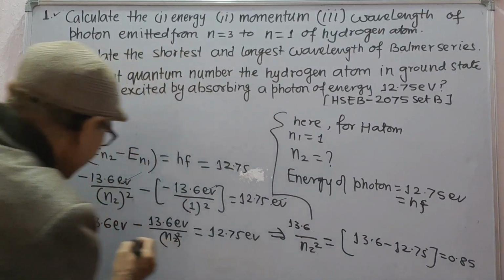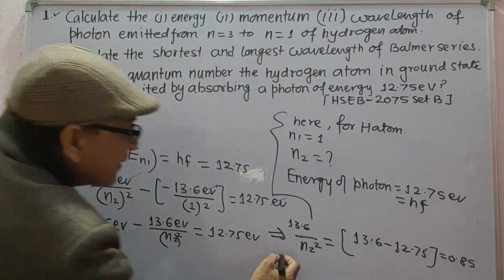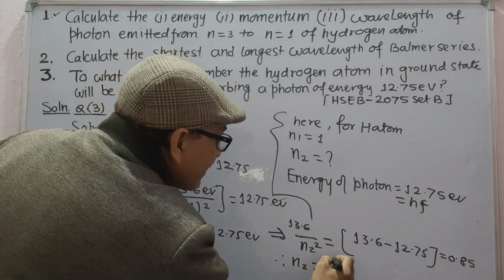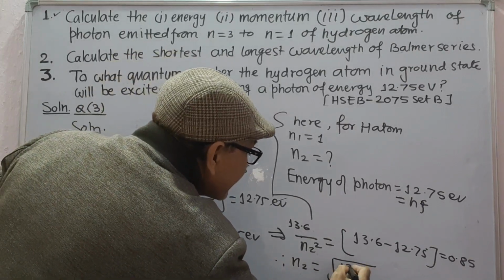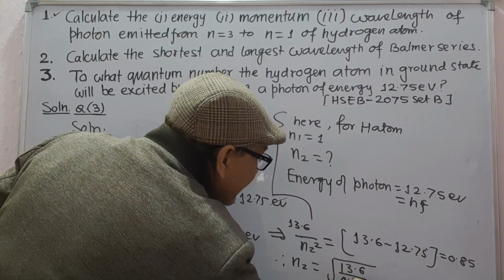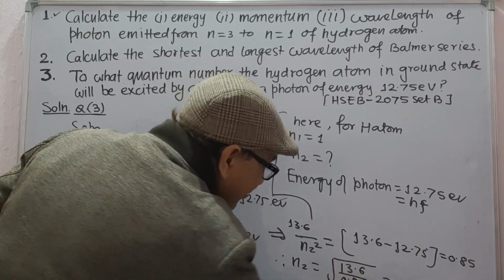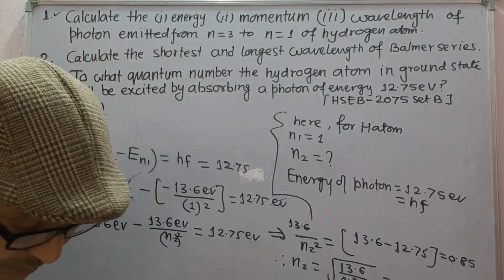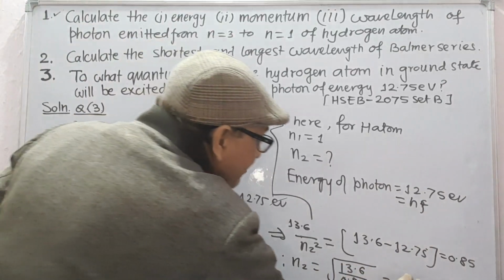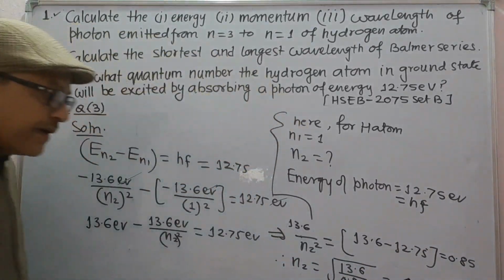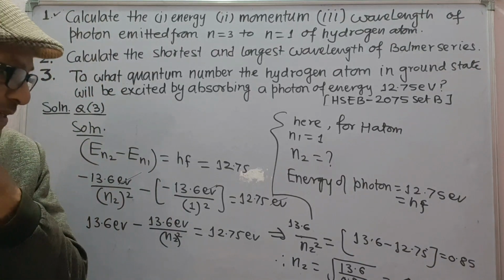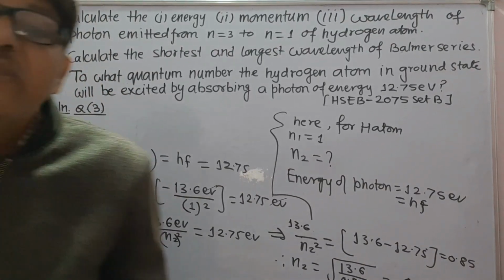Therefore n2 will be equal to under root 13.6 upon 0.85, which gives 4. So n2 will be 4, means the electron must be excited to the 4th orbit.